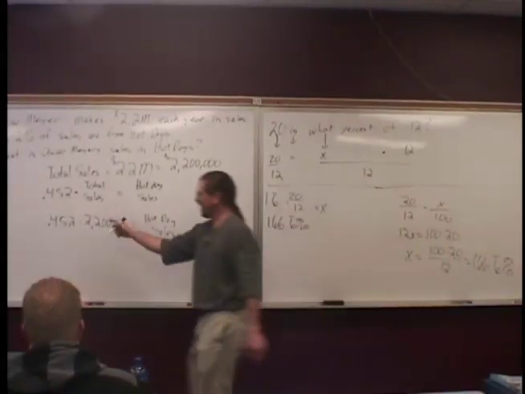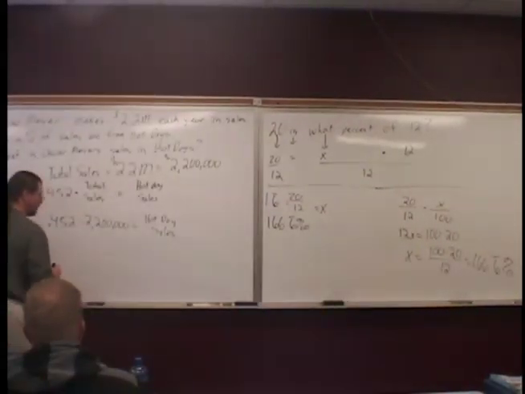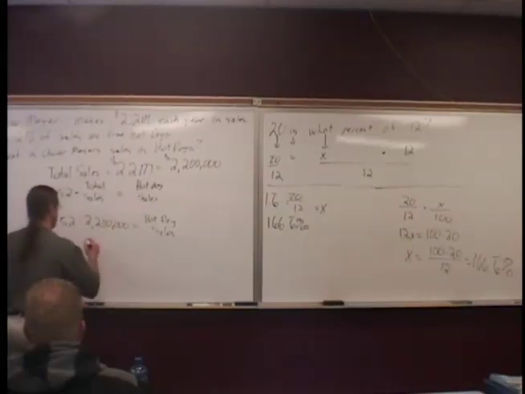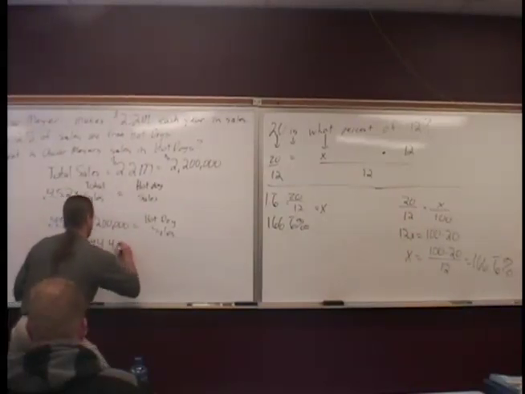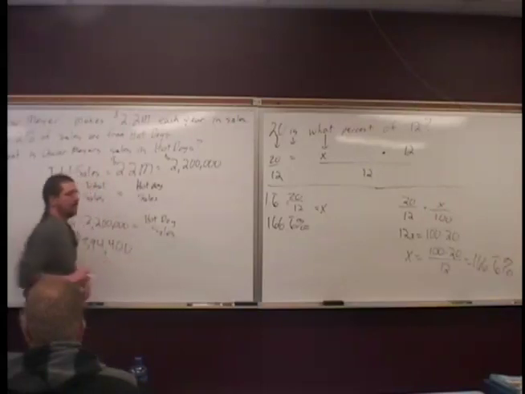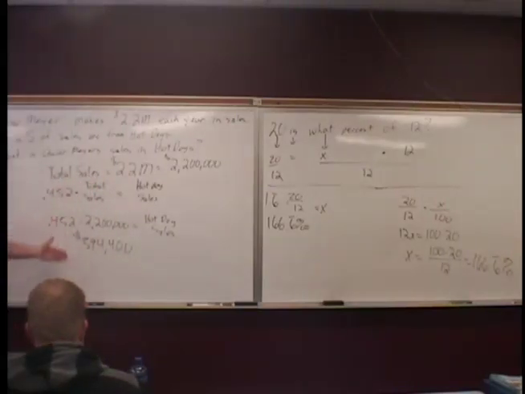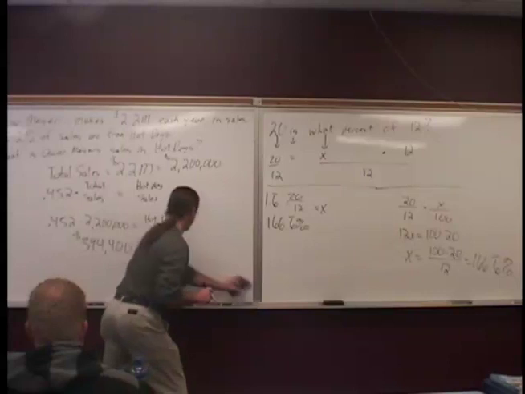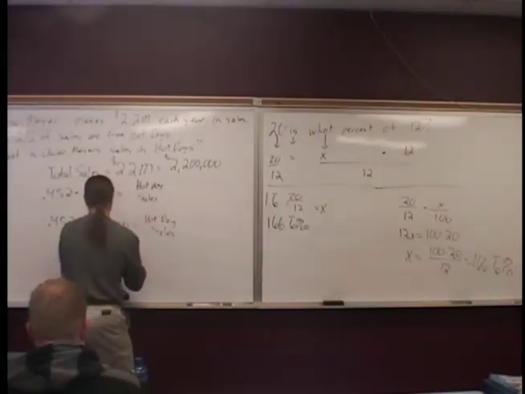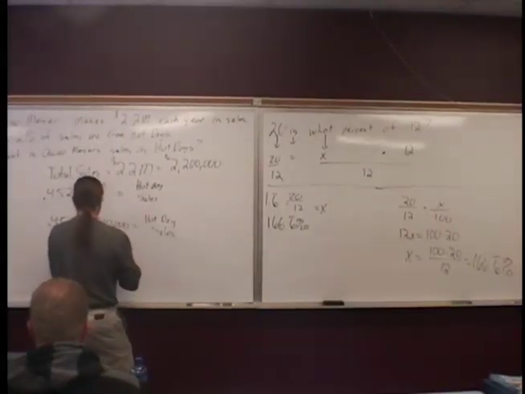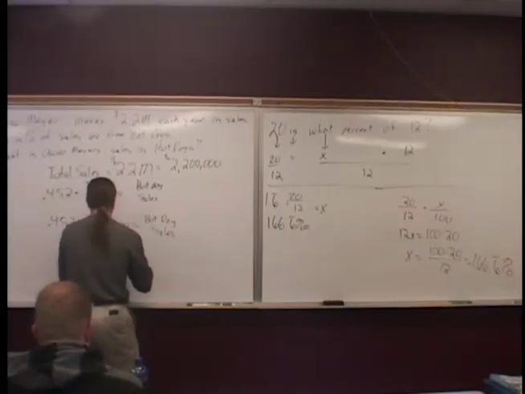So what's 0.452 times 2.2 million? So in an average year, Oscar Mayer is going to sell almost $995,000 worth of hot dogs.